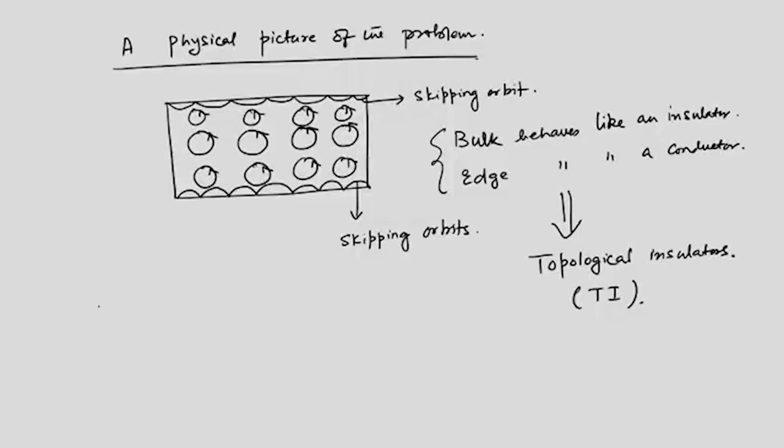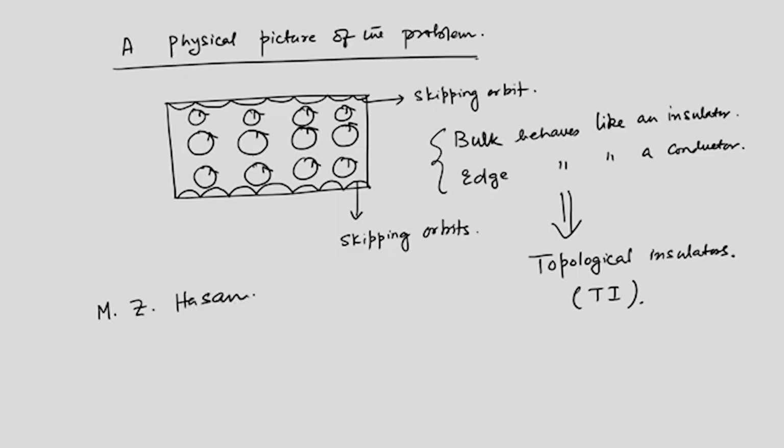However, these ones, because they have a difference in behavior of the bulk and the edges, their behavior is interesting, and this opened up a very rich field of study, and several topological insulators were discovered. If you want to know more about them, there is a review by M. Z. Hasan in Reviews of Modern Physics.